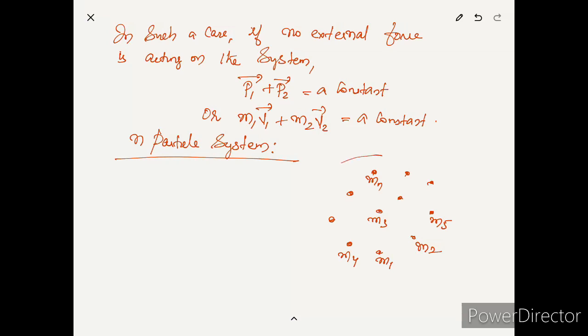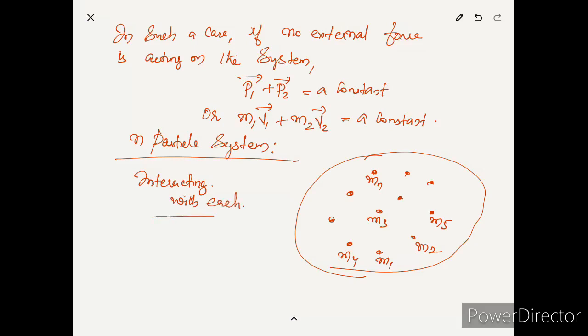While we are considering such a system, we are assuming that all kinds of internal motions are allowed. It means in between these particles, all those internal motions are allowed. And suppose the particles of the system are interacting. This is one of our assumptions.